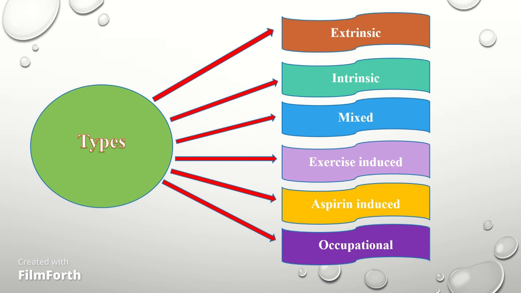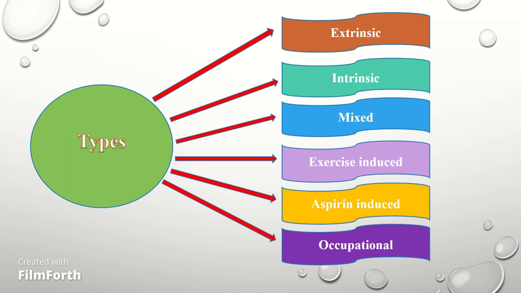Now let's discuss extrinsic asthma. It is also known as allergic asthma. It occurs when the immune system overreacts to a harmless substance that may be pollen or dust that is inhaled.